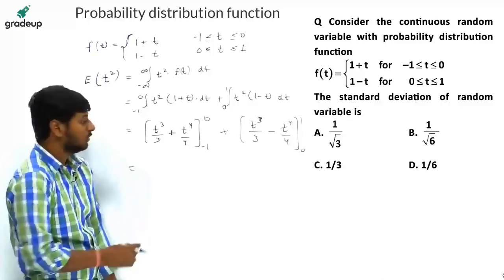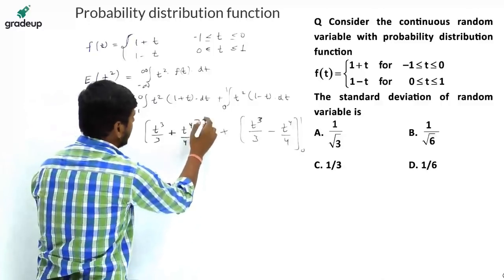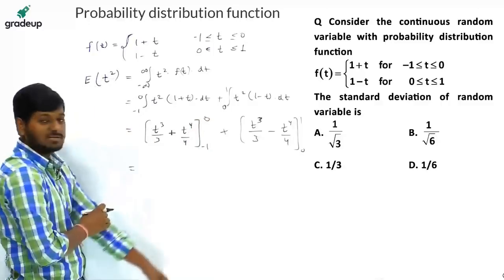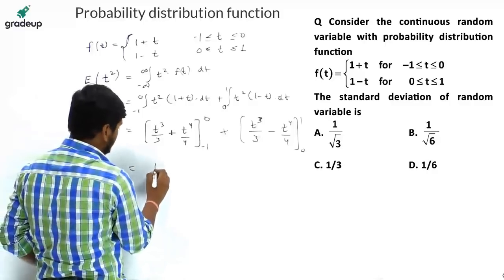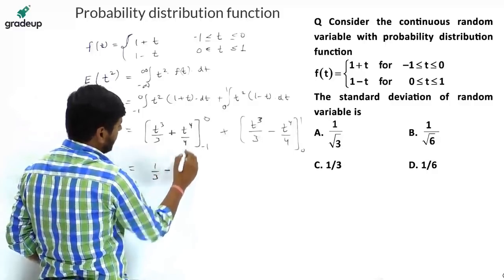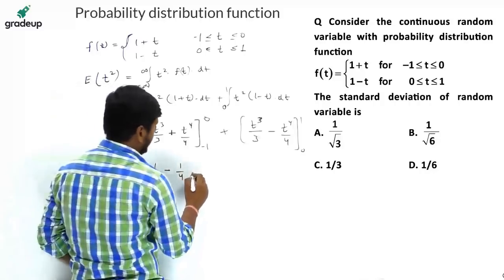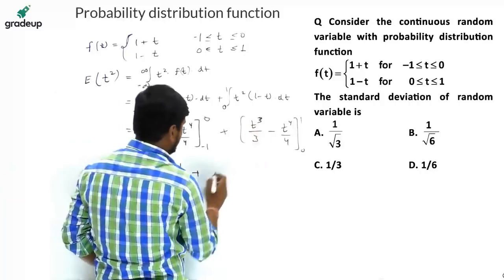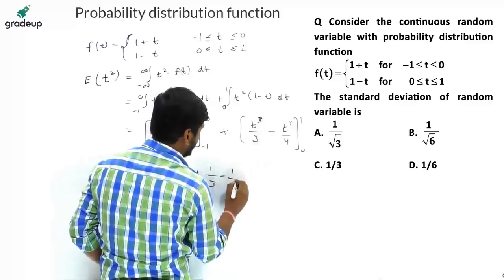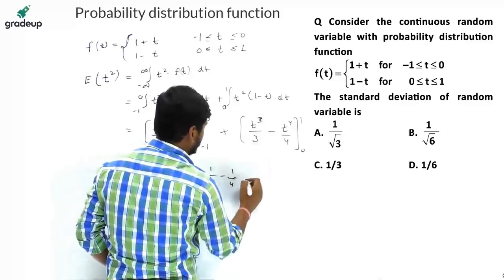If we put 0, this is 0. If we put minus 1, we get 1 by 3 minus 1 by 4. Plus 1 by 3 minus 1 by 4 minus 0.